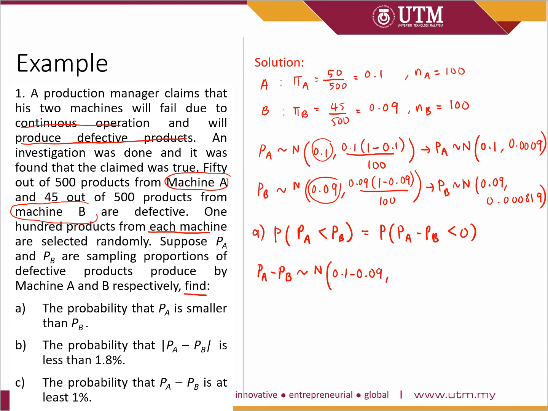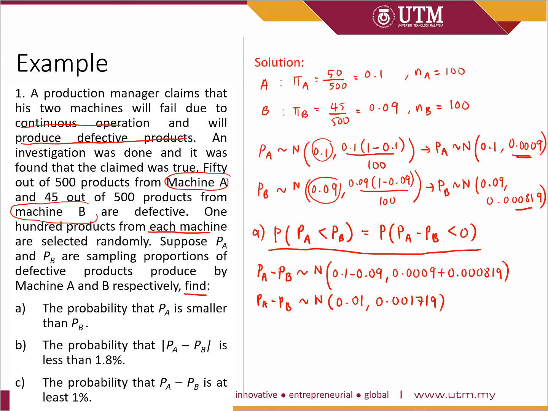And the variance is that of proportion A plus that of B, so 0.0009 plus 0.000819. We get 0.01 and 0.001719. So now we can solve our first question.